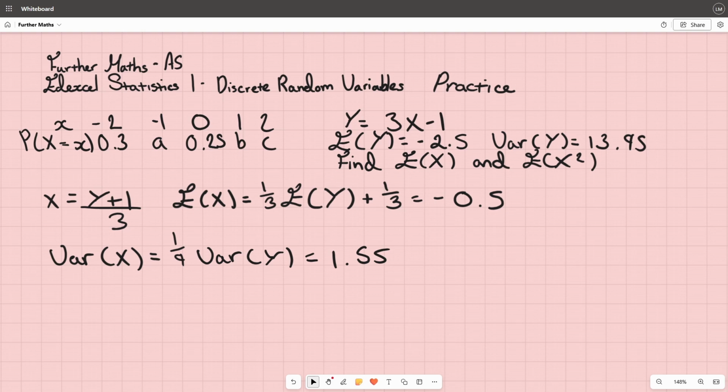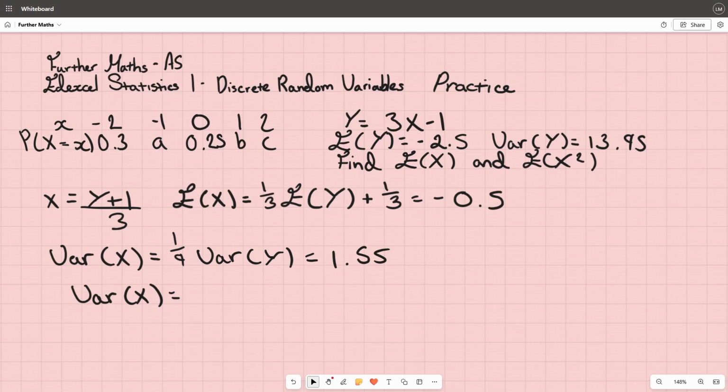And if you remember, the variance of x equals the mean of the squares minus the square of the mean. So that means it's equal to the expected value of x squared minus the expected value of x, the whole squared. And we have the expected value of x, so we need to rearrange the equation.